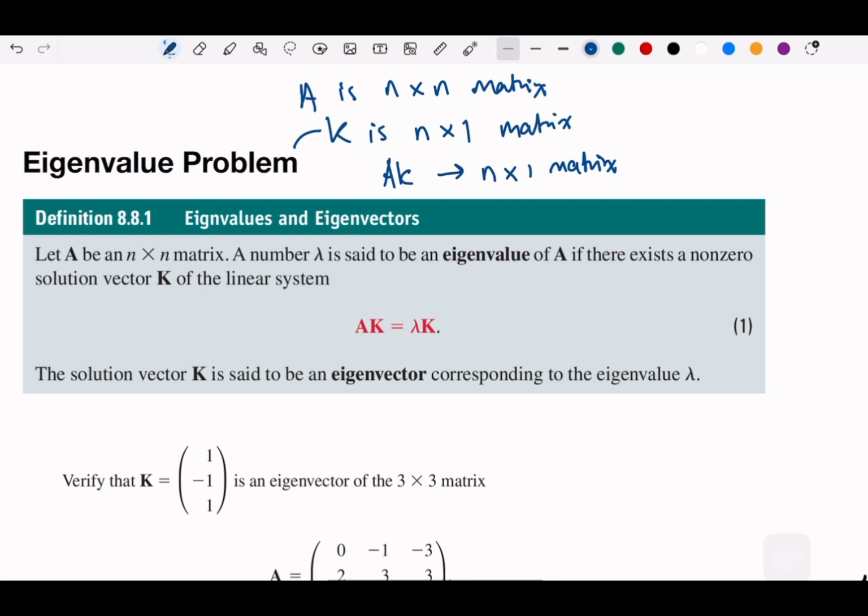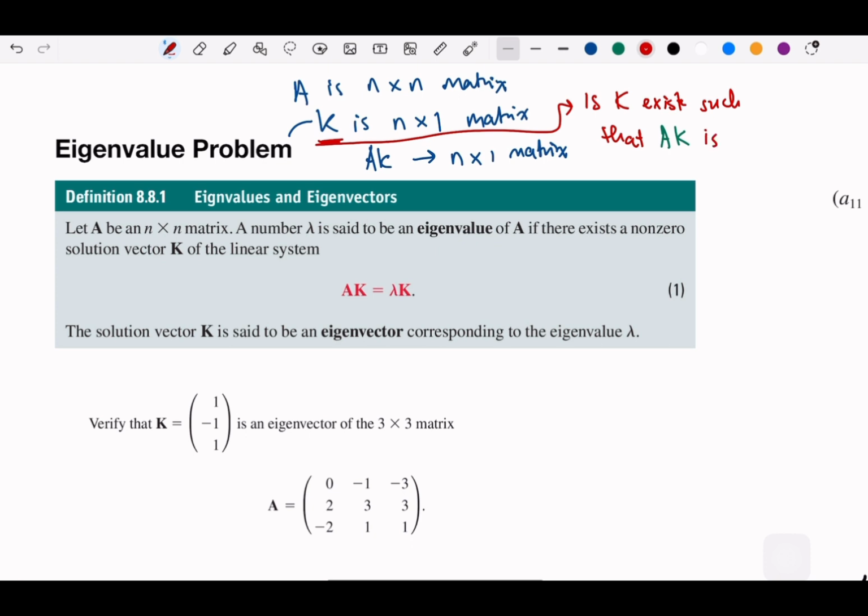So we are going to find whether there is some n by 1 matrix K. So we are going to find this K such that AK is a constant multiple of K. Now this constant, we call the eigenvalue, and we write it as lambda.